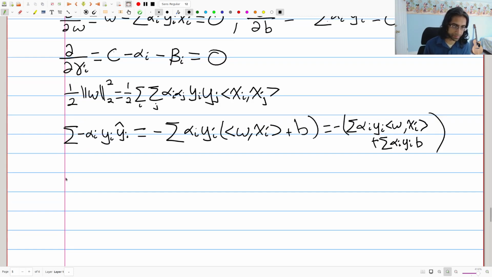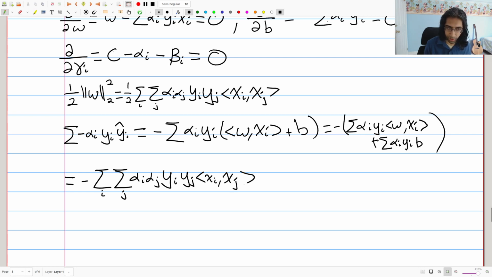So skipping ahead, this term goes to 0, and replacing this with minus 1 times this, this becomes minus summation over I, summation over j, alpha I, alpha j, yi, yj, inner product of xi, xj. So make sure you understand why this follows. I did it in depth in the last lecture, but you can hopefully either look at that or derive it yourself right here.